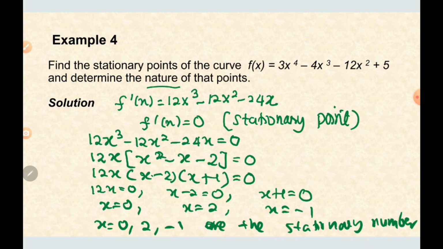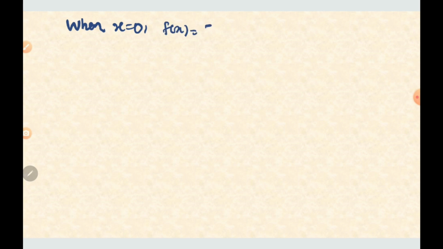Okay, so for each value of x, you need to find the value of y to get the point. Firstly, when x equals 0, f(x) will become 5. Secondly, when x equals 2, you need to substitute 2 into the function.